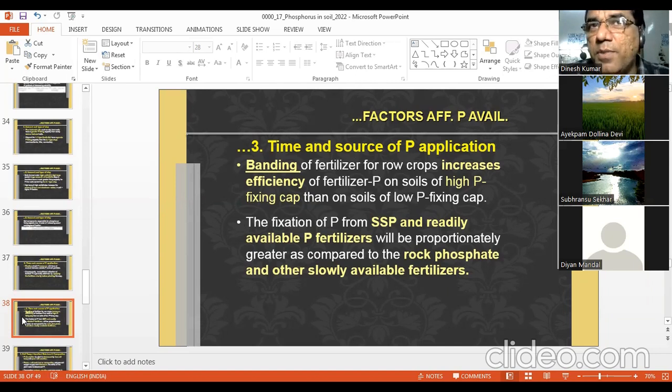So that is why you should broadcast this fertilizer into the soil, mix it into the soil so that it comes to a greater volume of soil particles. Then the solubilization, here you want to solubilize it so that you mix it into the soil. So for insoluble fertilizer, broadcast is always desirable and better.